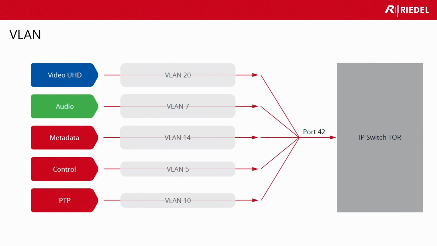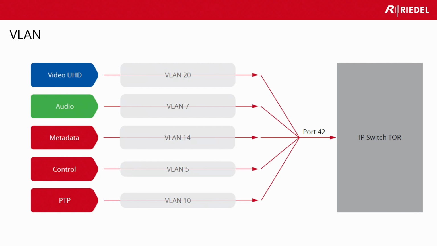So another important part, and this is something we also learned the hard way, is to have VLANs in your network. More and more, you will also see in-band control, which is mixed directly inside with video and audio. We tested that for a while. There's no big impact. But you want to have your PTP on VLAN 10, and I just put some numbers, like VLAN 5 for the control, others for your other essences.